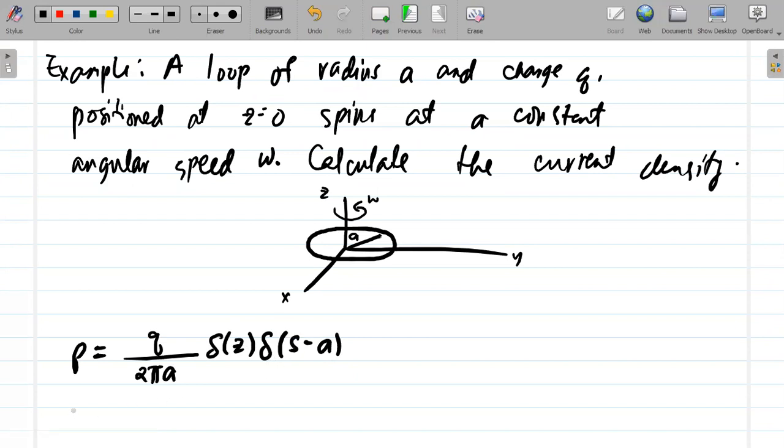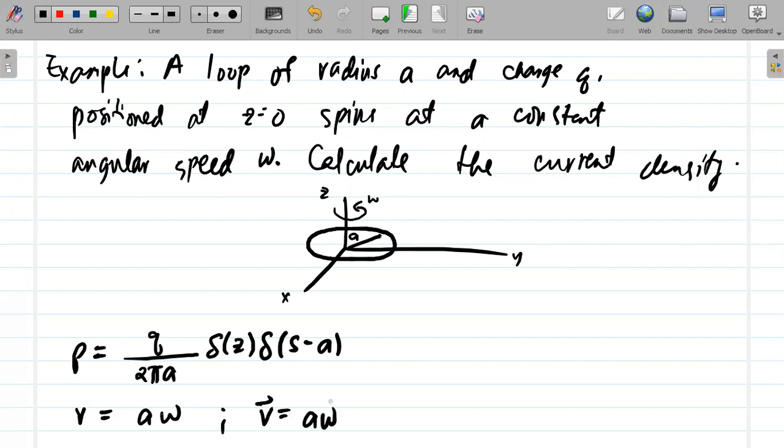Ano naman ang velocity? Class, kung meron kang rotating body na umiikot at a constant angular speed omega, ano yung velocity nun? R omega, di ba? So A omega, kasi yung R natin is A. Pero class, velocity is vector. So V equals A omega.